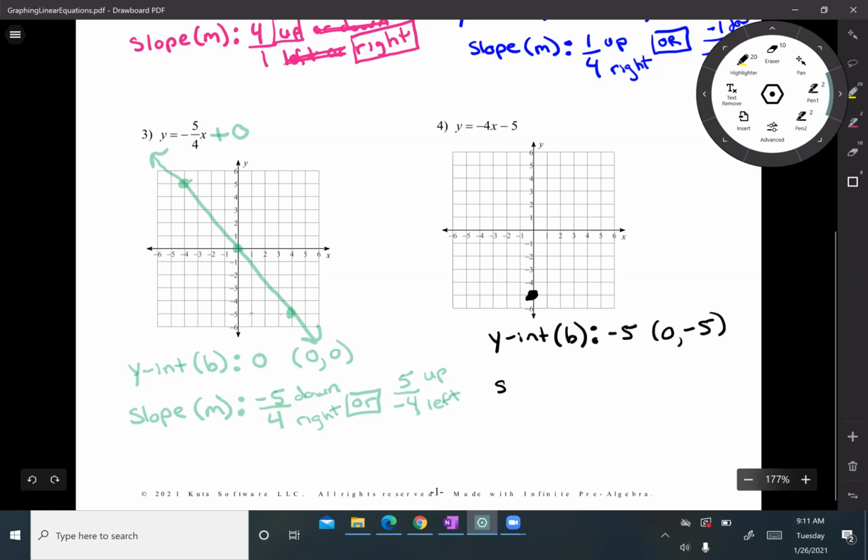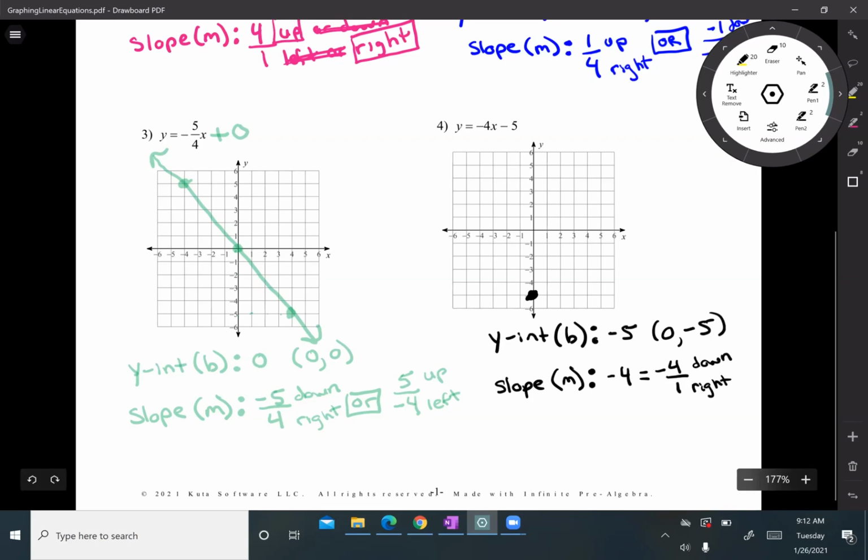And then your slope, which is your m, is -4, but it needs to be a fraction, so I can convert that to -4 divided by 1. So that would tell me to go down 4 and to the right 1.